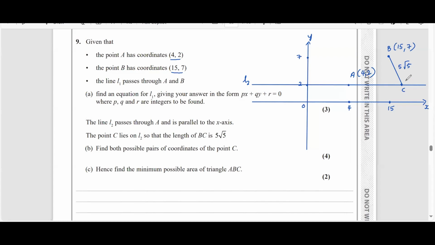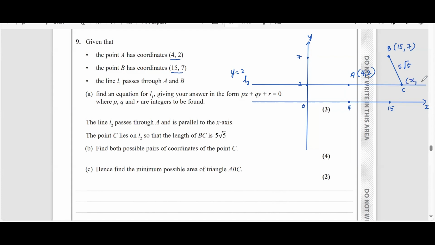We don't know the x coordinate of C, but definitely the y coordinate is going to be 2, because the equation of the line L2 is basically y equals 2. We need to find out what the x coordinate is.